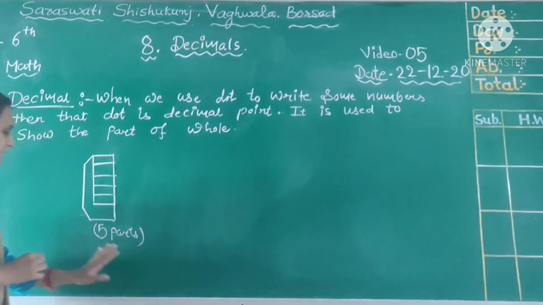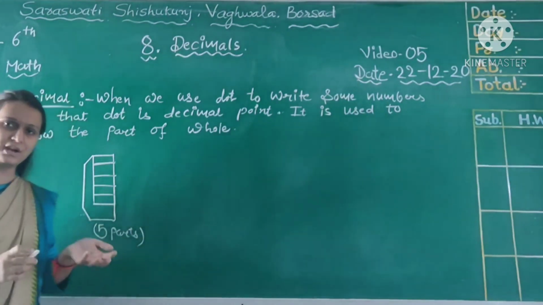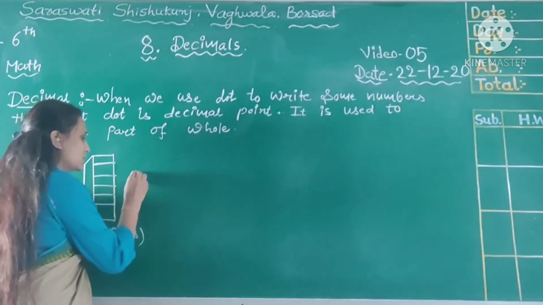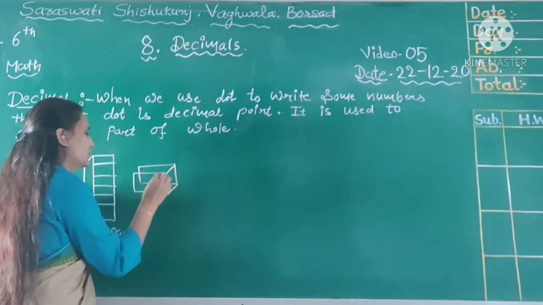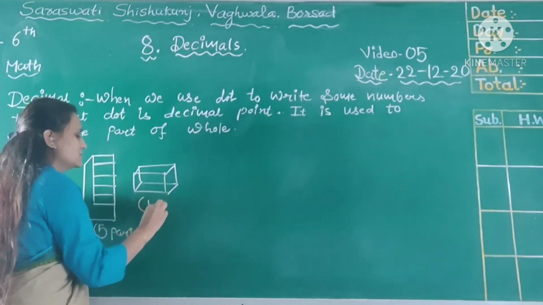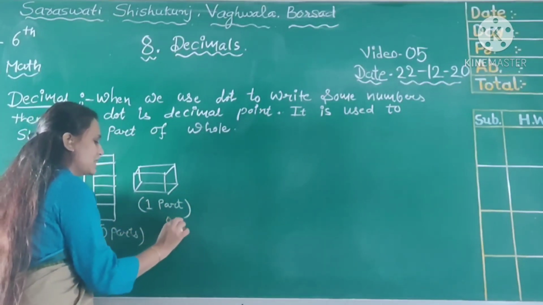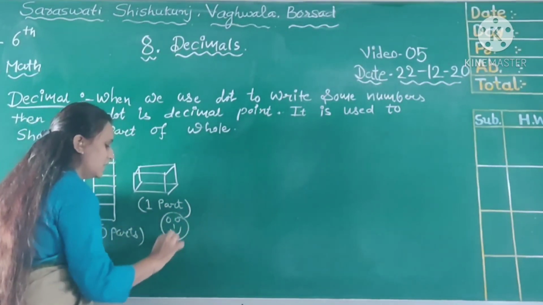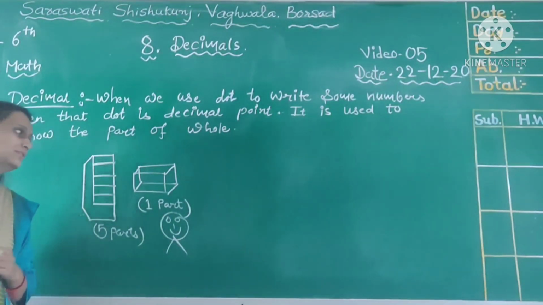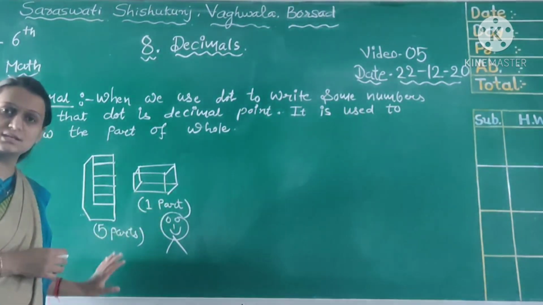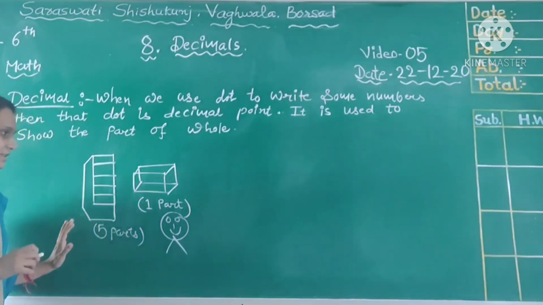Now, from the 5 parts, I am giving one part to my friend. So this is one part out of 5 parts that I have given to my friend. Clear? Now if you want to define it on a normal number line, how would you define it?